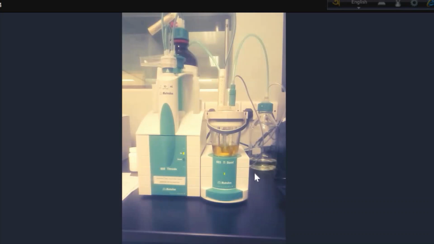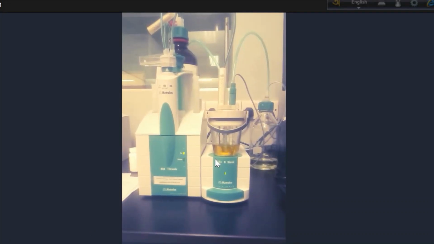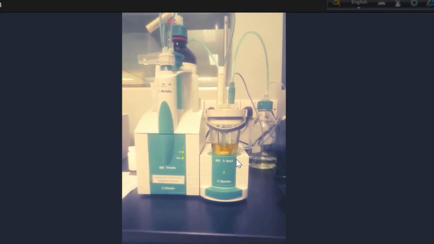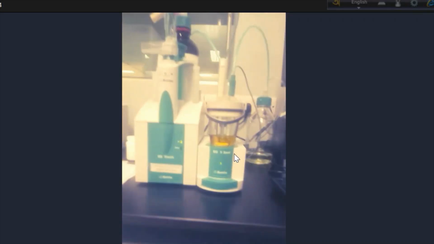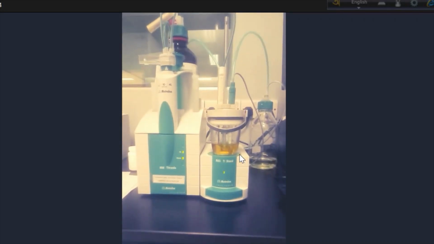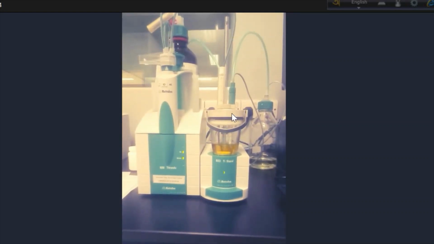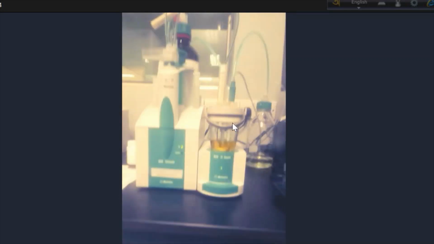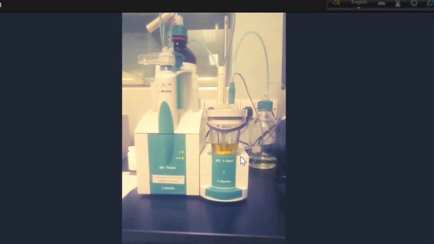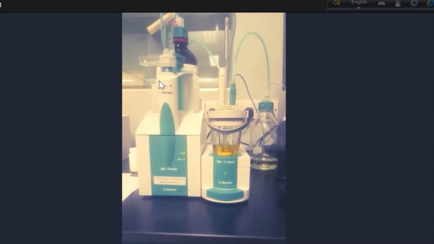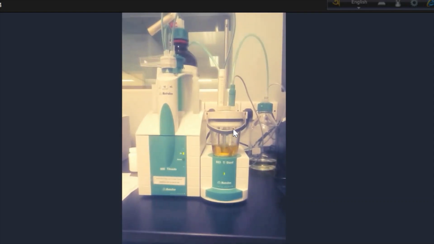Now you can see how it works. So this is the working system. Here is the solvent, and we titrate the solvent before adding the sample.